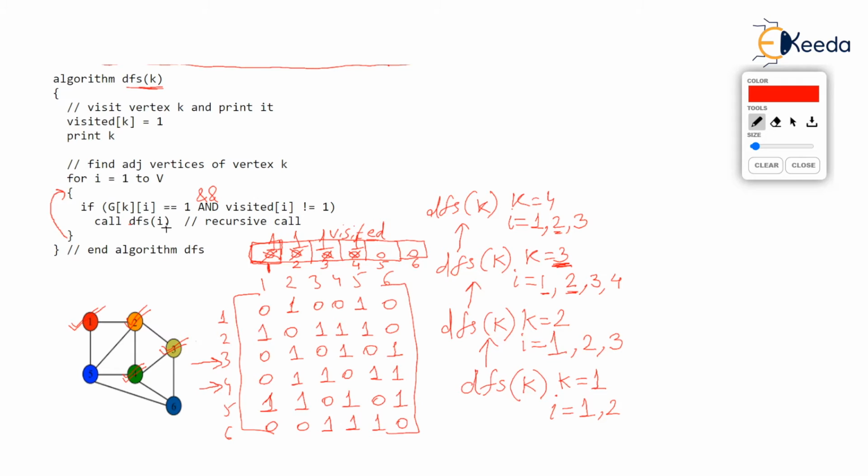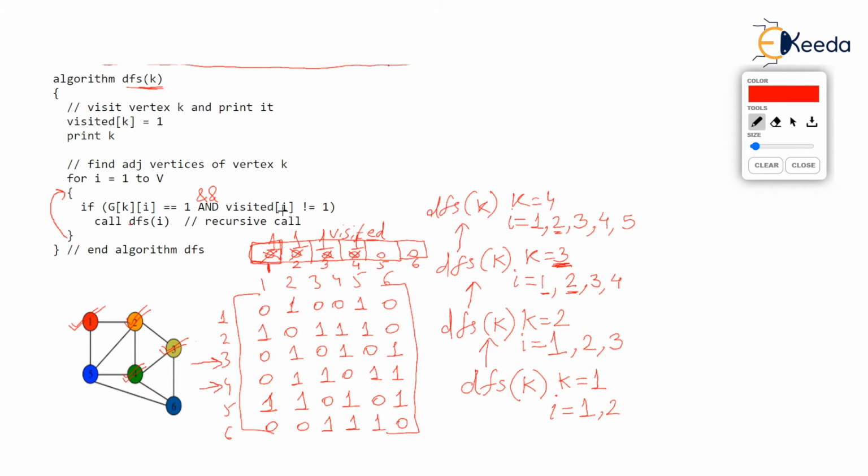And now in the procedure DFS(4) where K is 4, we will make I as 4, and obviously 4 and 4 are not adjacent. But then I will become 5, and 4 and 5, you observe fourth row fifth column is 1. So 4 is adjacent to 5. So the first condition is true. K being 4 and I being 5, 4, 5 is 1. And the second condition is also true.